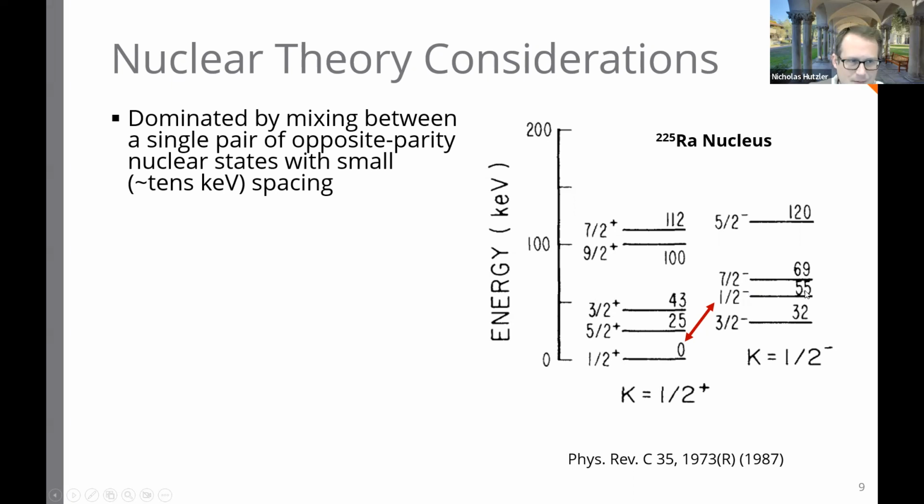For something like mercury, that's about 10 times higher. You get close-lying states of opposite parity, about 55 keV for radium, and it's basically parity doublets again. This doesn't quite look like a parity doublet just because it's so mixed up, but it's still the same idea that you have parity doublets, which we know are great in molecules. It turns out they're great in nuclei too.